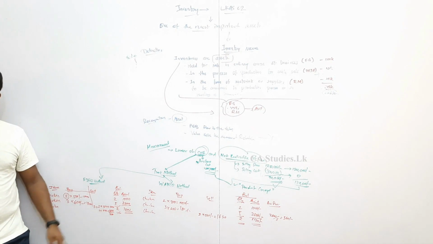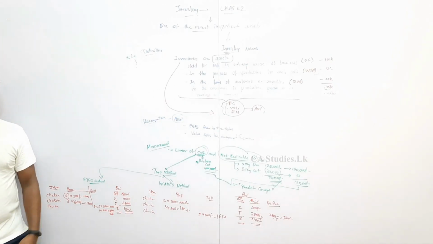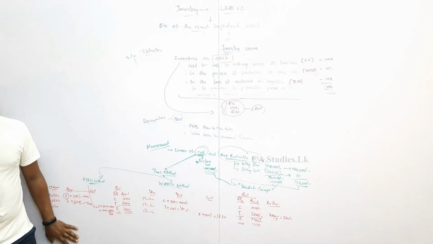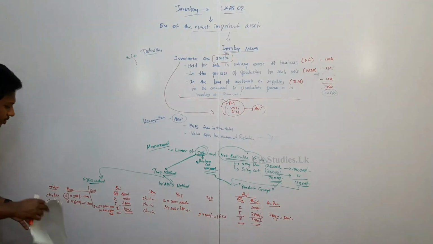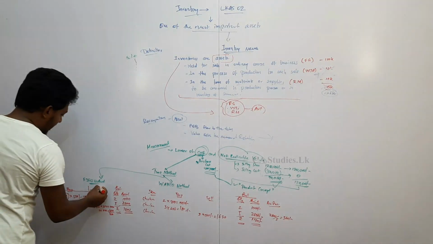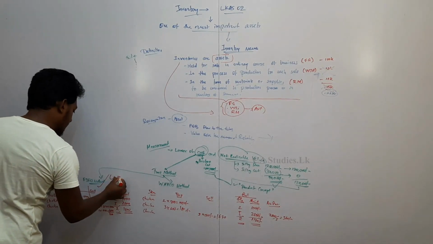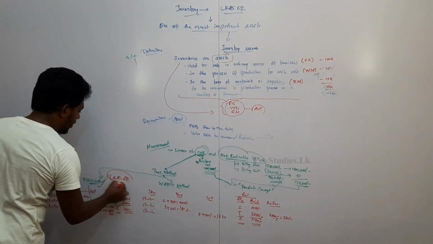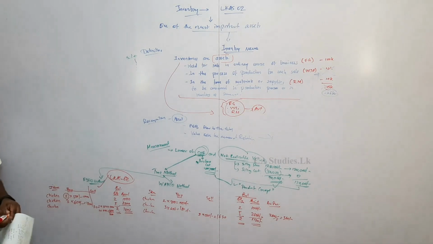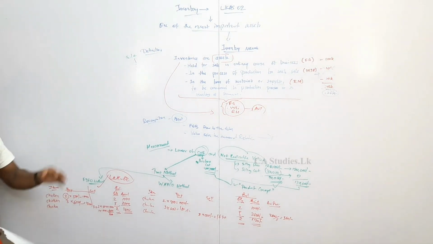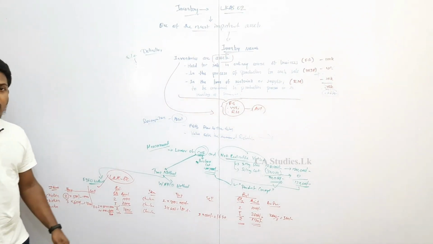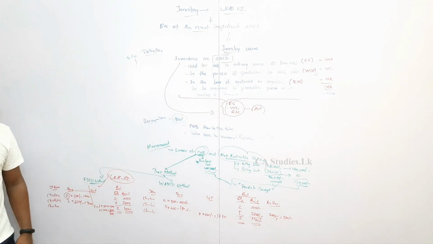Average cost or FIFO? Real inventory cost, real purchase cost of inventory, FIFO. Therefore the FIFO method is mostly welcomed by LKAS 2. LKAS 2 recommends to follow this in order to not reduce or increase the cost of the inventory.